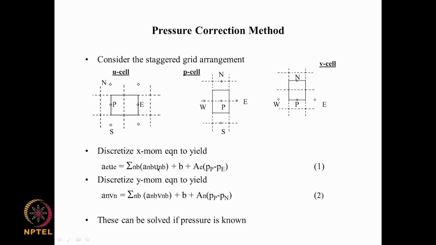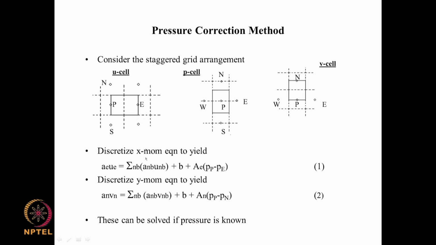So the velocity component at the neighboring points together with the coefficients, some of which are like the kinematic viscosity and some of them are the V and U components from the previous iteration value. So these are the coefficients. So this implies summation over the 4 neighboring points. So this implies A west face U west plus A north face U north face like that. So those are the immediate neighboring velocity components that are coming here.